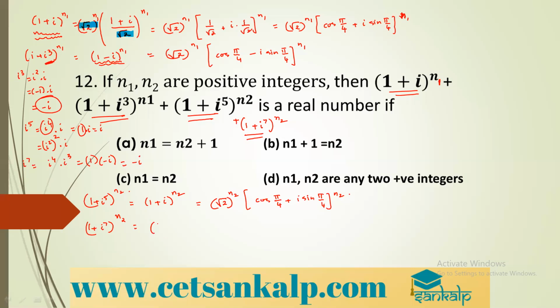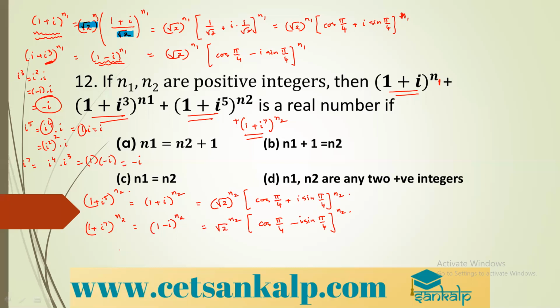Instead of i power 7, write (1 minus i) whole power n2. So you can write root 2 power n2, but this time for 1 minus i, so (cos pi by 4 minus i sin pi by 4) whole power n2. In this way, I have changed all these. Now your work is to add up all.